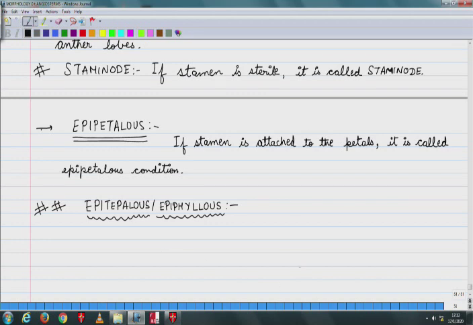If petal is fused with sepal, it is called tepal.